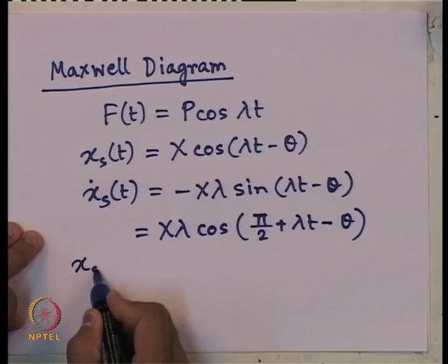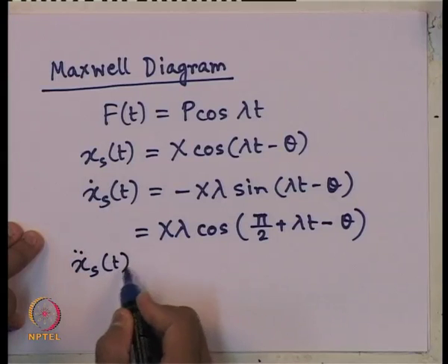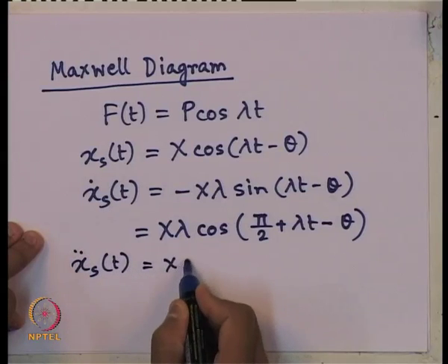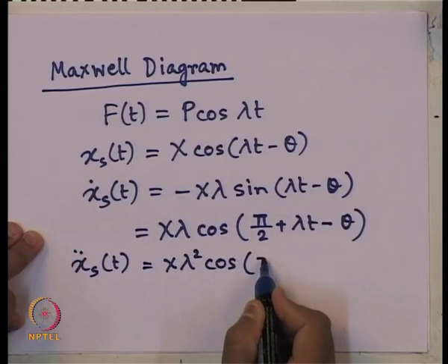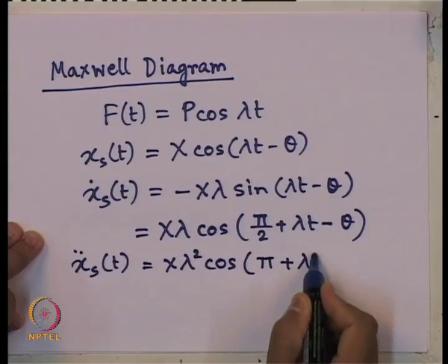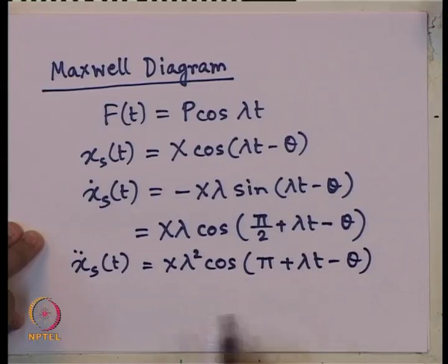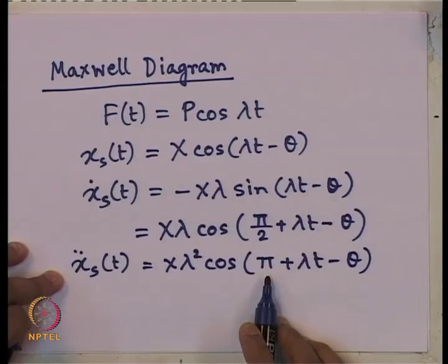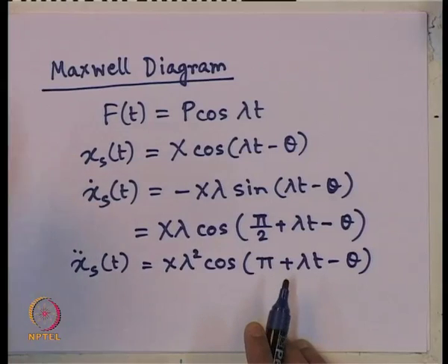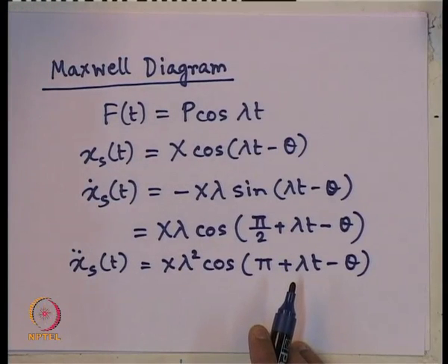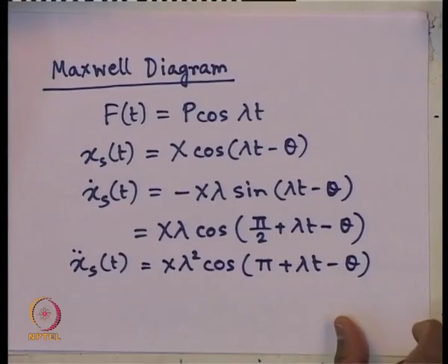And what about the acceleration? X lambda square cos of pi plus lambda t minus theta. So, acceleration is at a phase of 180 degree with respect to displacement. This is known to us from our high school physics.